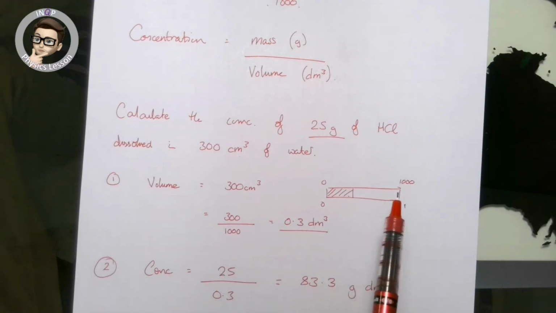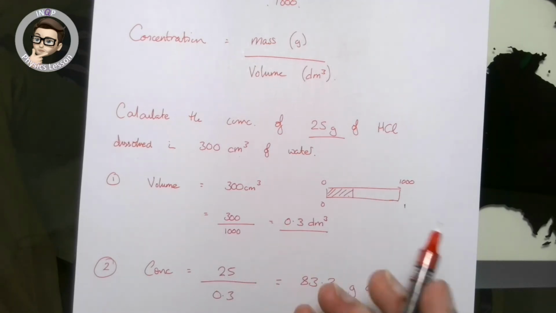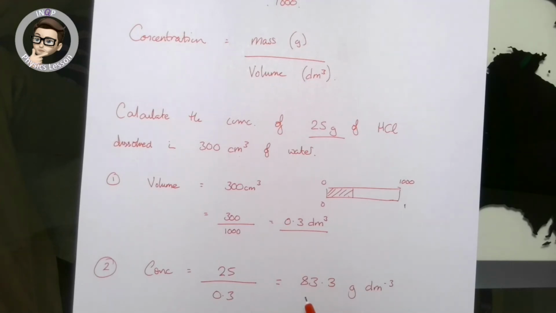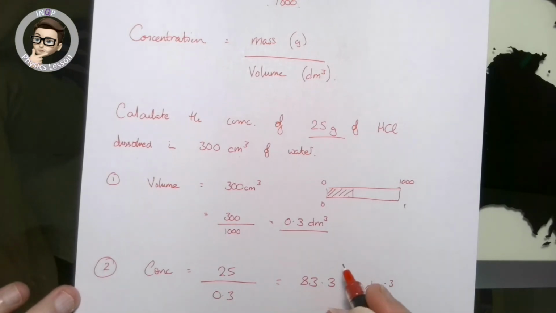And if I wanted only 500 centimeters cubed, or 0.5 decimeters cubed, I need to half this, which is going to be 41.65, something like that, grams to dissolve in that amount. So this tells us effectively how much of the solid we need to dissolve to get that concentration.